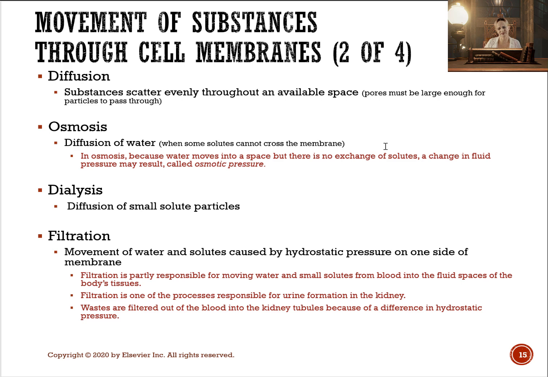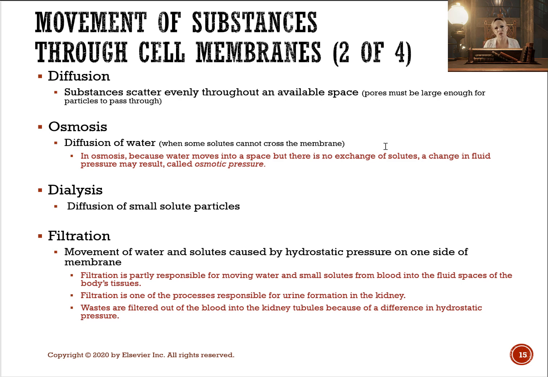First, we have diffusion. Diffusion is where substances scatter evenly throughout an available space, and pores must be large enough for particles to pass through. So if you want to think of it, it just scatters around and then it can pass through. Then we have osmosis.